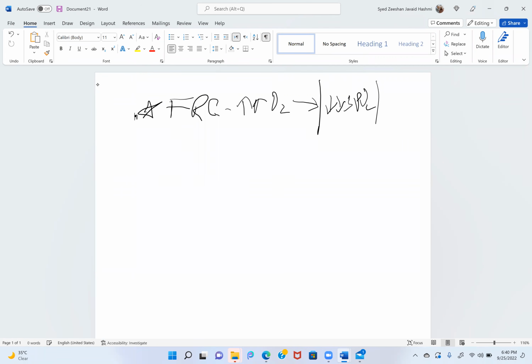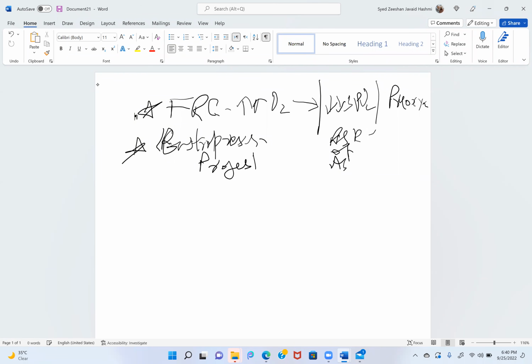So what will you do? Pre-oxygenation. Similarly, there is a risk of aspiration because there is gastroparesis. Gastroparesis is because of progesterone. Very good, progesterone. So what will you do? Acid prophylaxis.